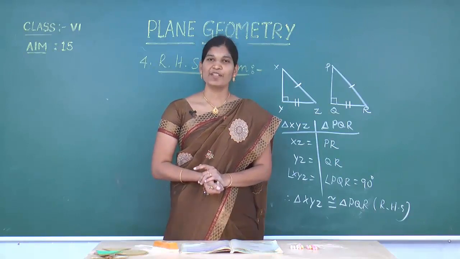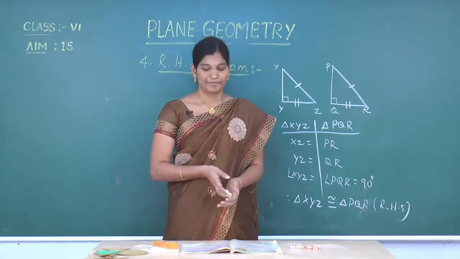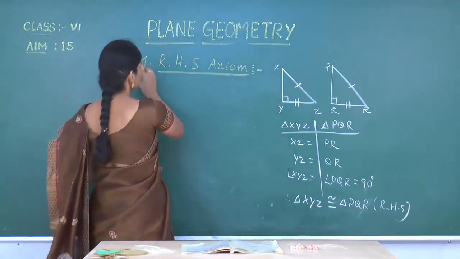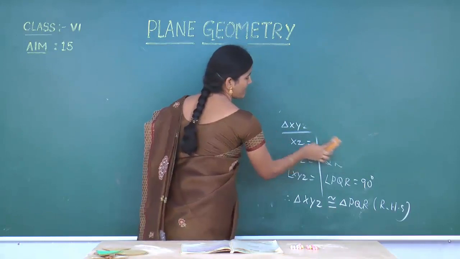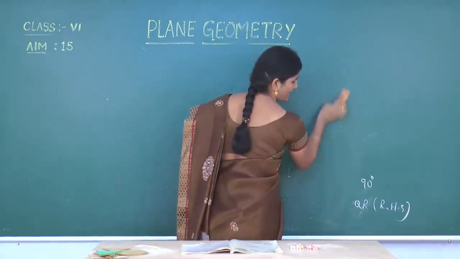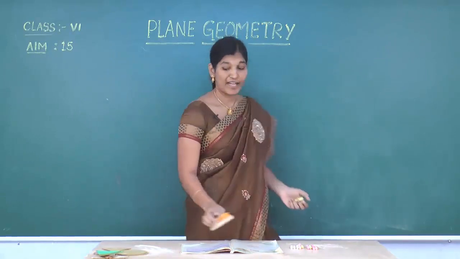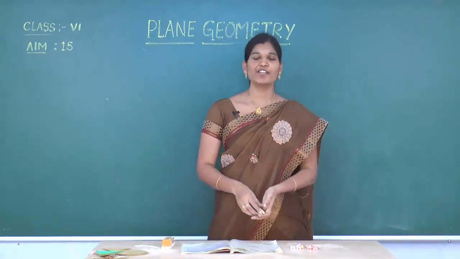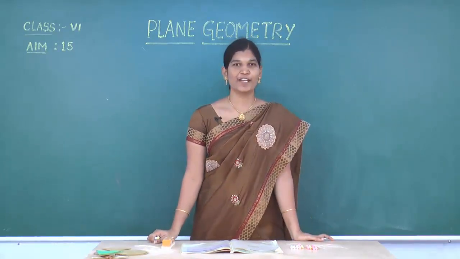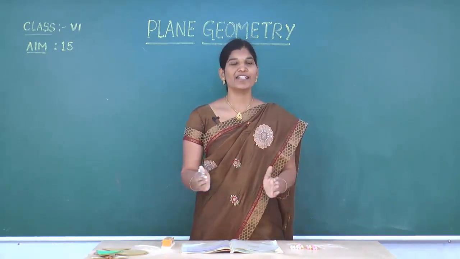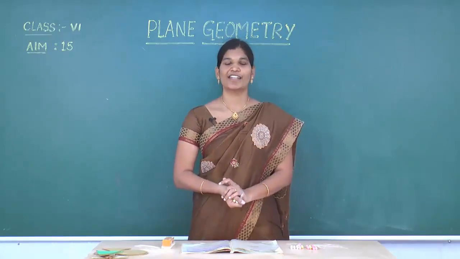Now let me take one problem from our material. Let us prove. The most important thing you have to remember is that whenever two figures are said to be congruent, their corresponding sides are equal and their corresponding angles are also equal.